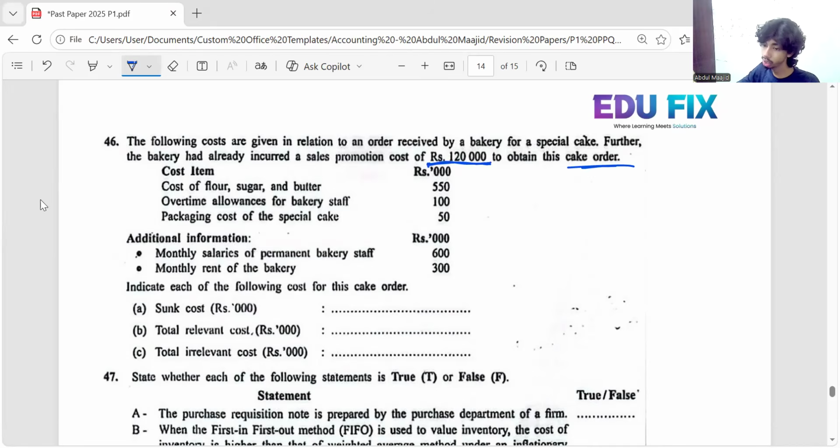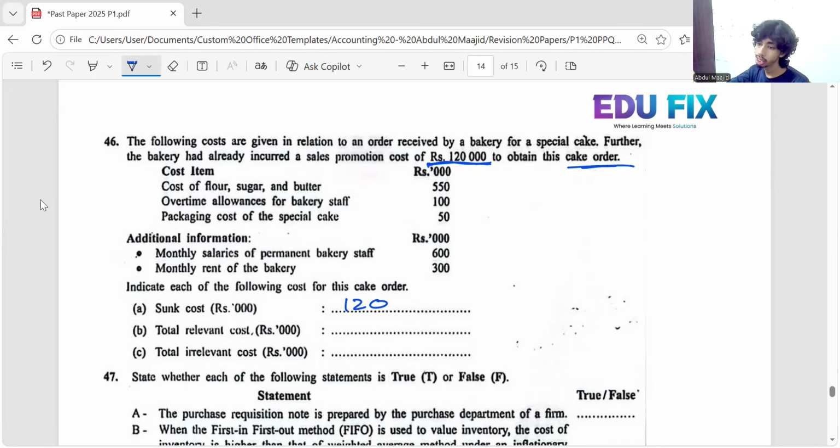So the sales promotion cost is a sunk cost. Sunk costs are the costs that are already incurred, where whether the order is accepted or not, you cannot recover it. That's a sunk cost.